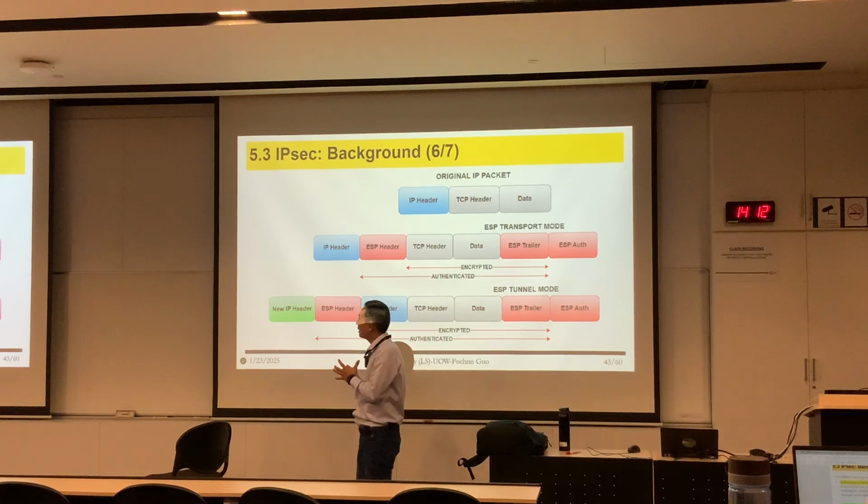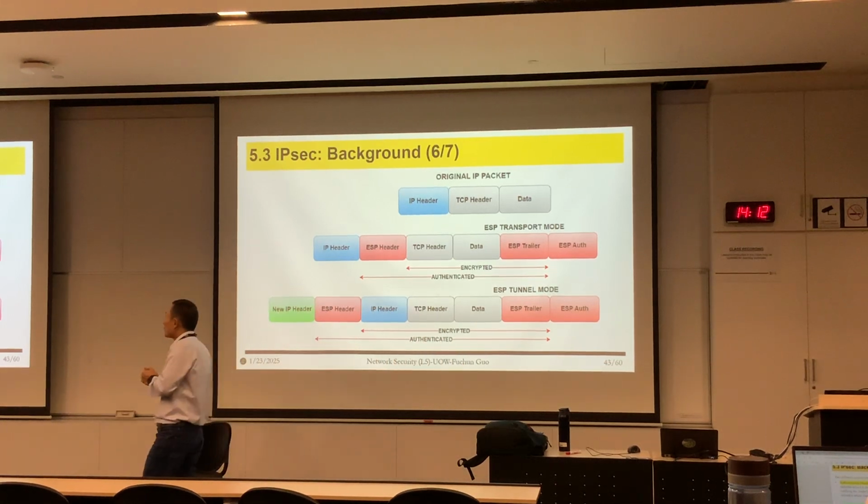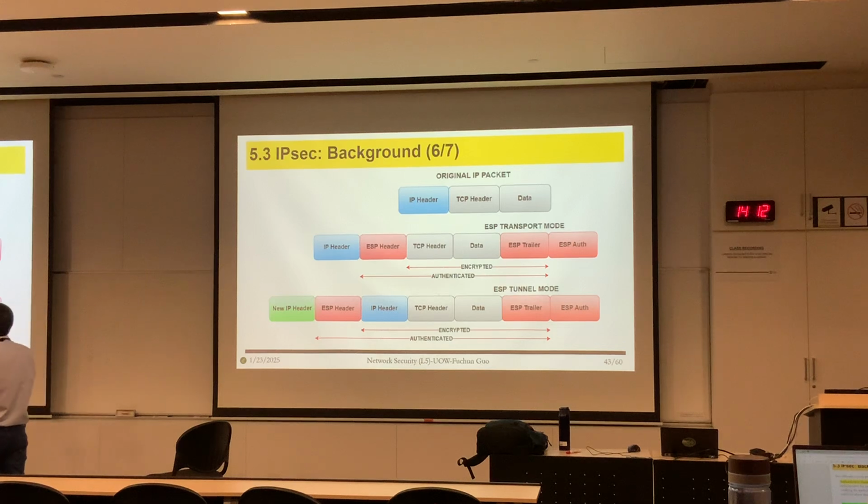But this ESP is weird and quite different from other security protocols because we have some fields somehow different from the header. We have some separate fields in different locations. And also in the tunnel mode, we have a new IP header.